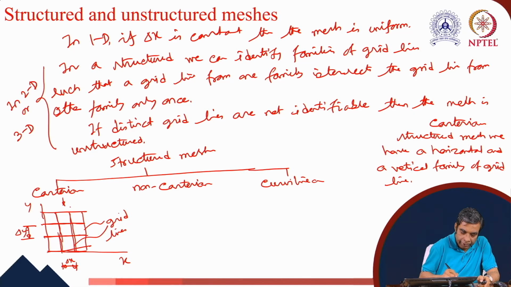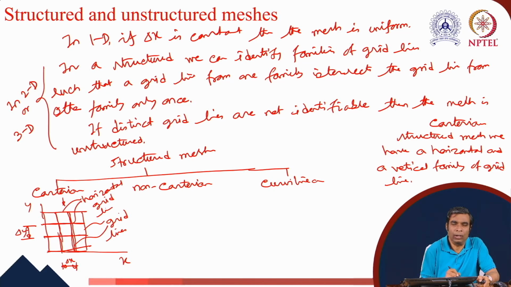So these are the horizontal grid lines. Now this vertical grid line intersects the horizontal grid line only one time. So every vertical grid line intersects every horizontal grid line one time, and these grid lines are parallel to the coordinate axis. Then you say that this is a Cartesian structured mesh.